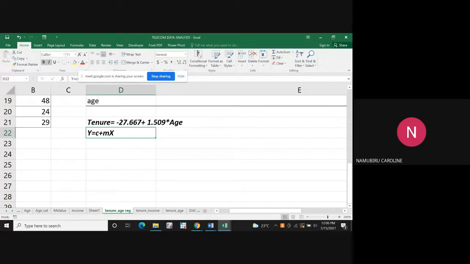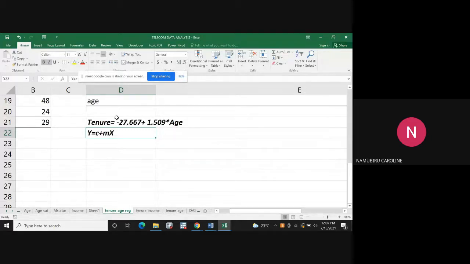Now, this is our intercept. We normally know that the intercept tells us the value of y when x is equal to 0. We normally say that this intercept here, which we call the C, is the value of y when x is equal to 0. I've kept telling you that as we move further ahead in more analysis, you're going to realize that people don't normally explain the intercept, because for many, it may not make a lot of sense, especially when you don't have categorical independent variables.